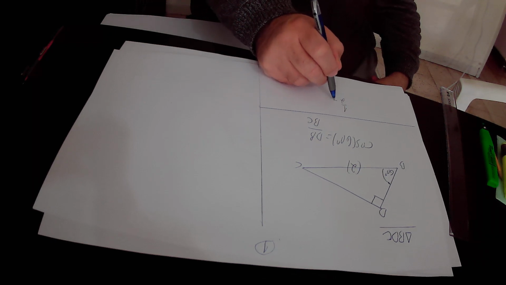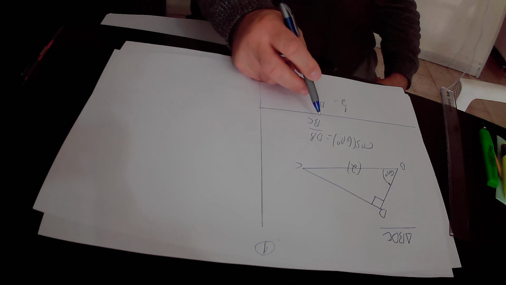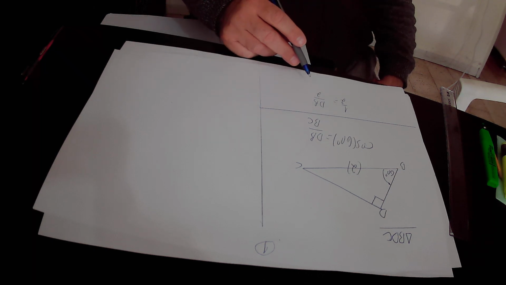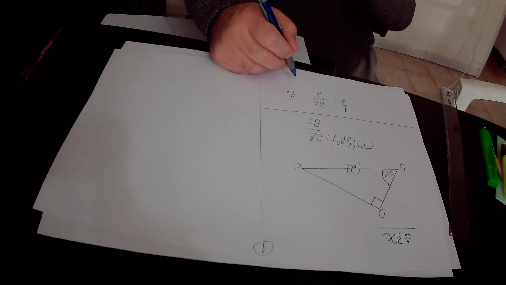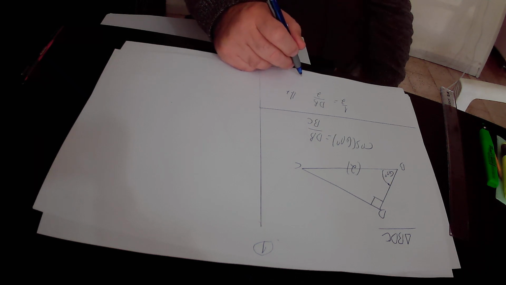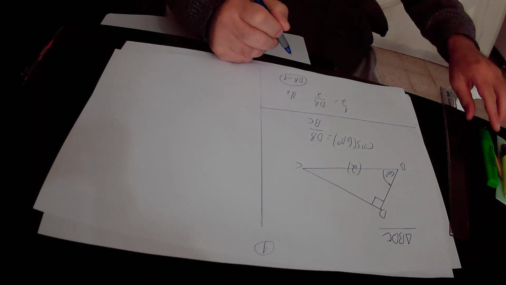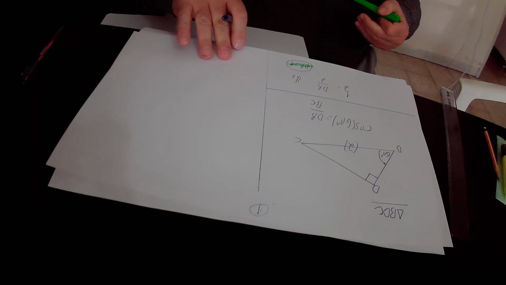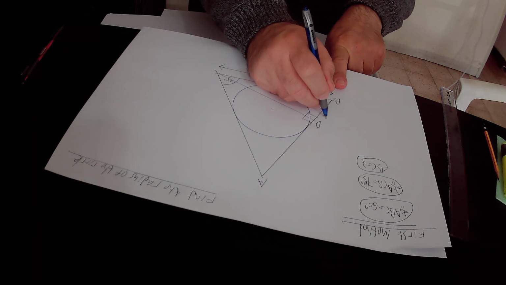So 1/2 equals DB over BC. BC is 2, so we substitute BC by 2. In conclusion, 1/2 equals DB over 2. We will multiply this equation by 2. And finally, we get that DB equals 1. So actually, this line segment DB equals 1 unit in its length.